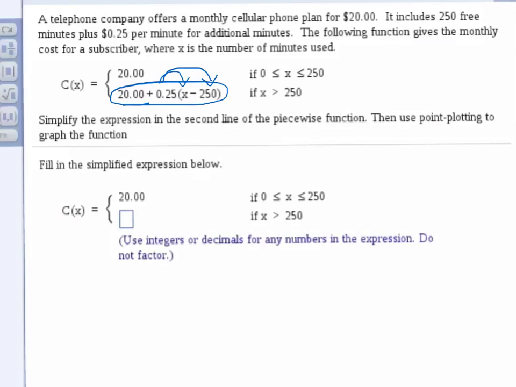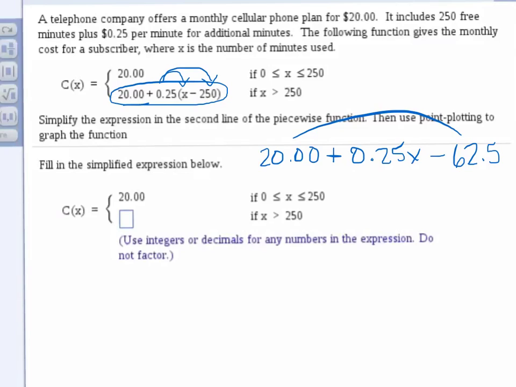So if we multiply that out, we'll have our $20 plus 0.25x minus 62.5. And what we need to do is go ahead and combine our 20 minus the 62.5.